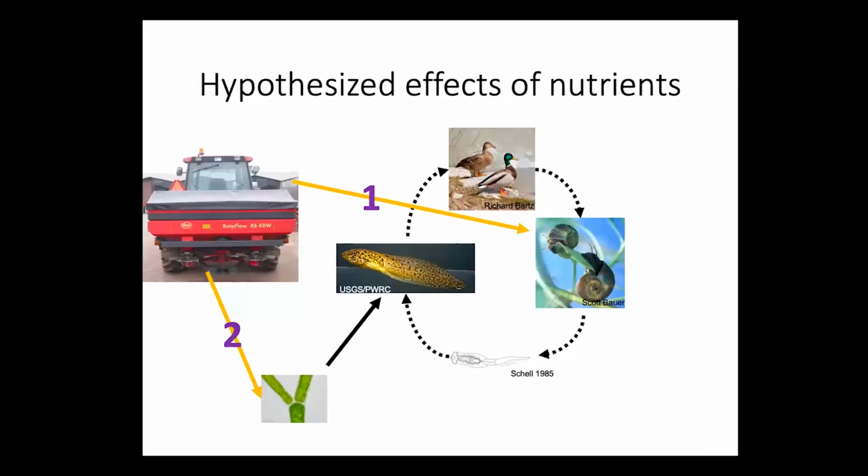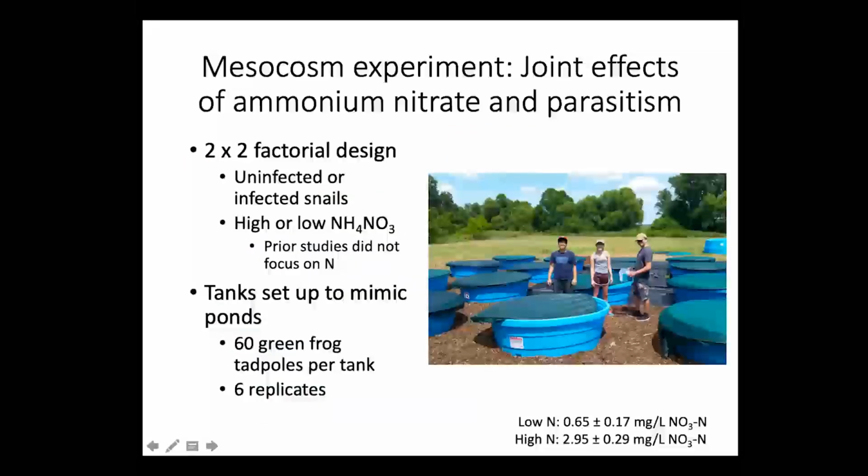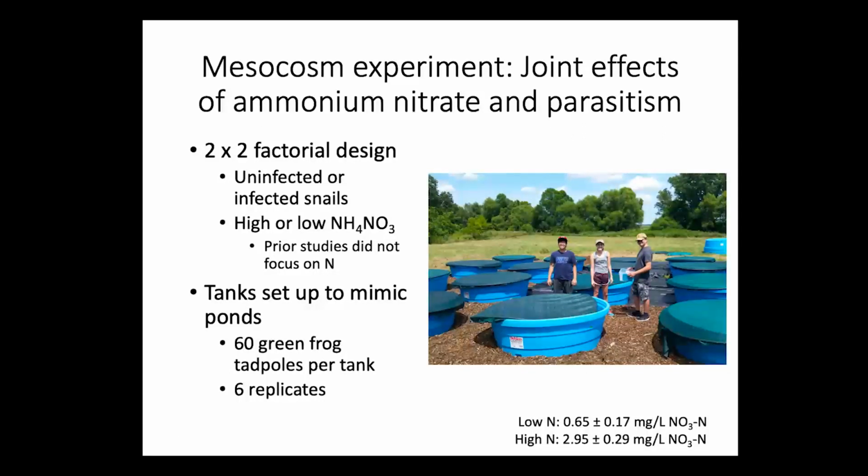And then just briefly, I want to talk about another potential mechanism, which is potential direct effects of fertilizer, or other indirect effects of fertilizer, on amphibians that we want to address experimentally. So we did some mesocosm experiments at the field station, in particular focusing on ammonium nitrate impact.